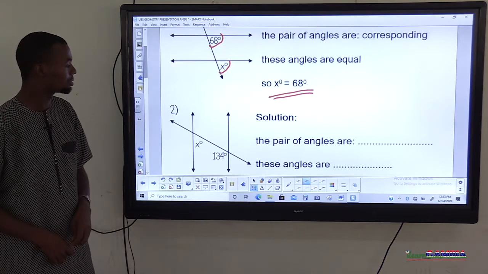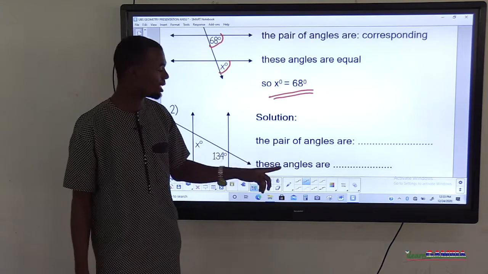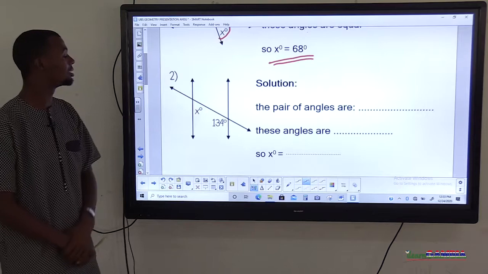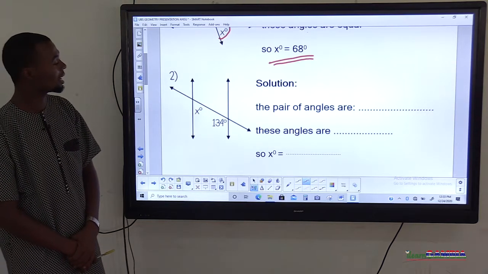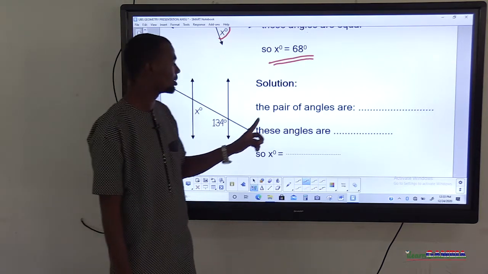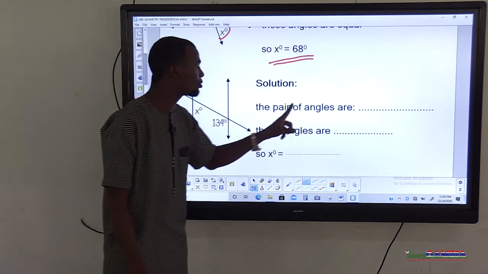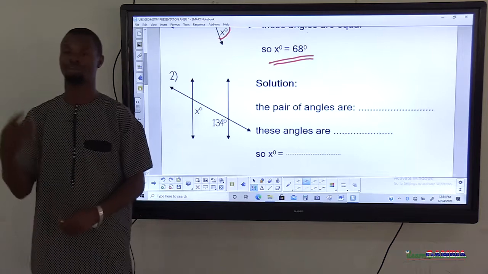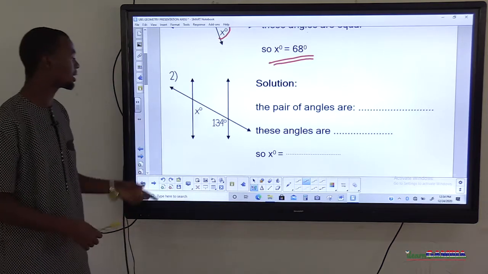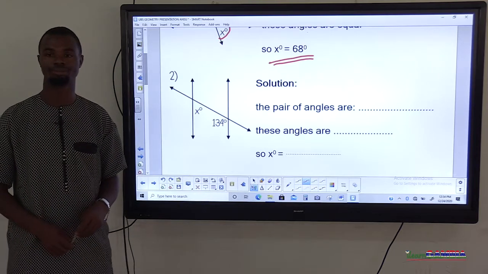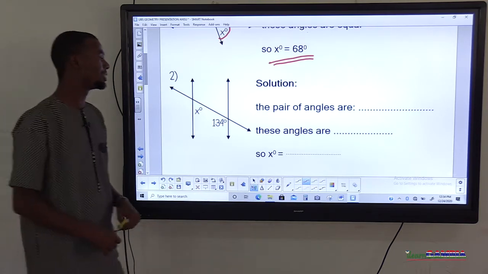Another question. First we have angle x and angle 134. What is the name of this pair of angles?